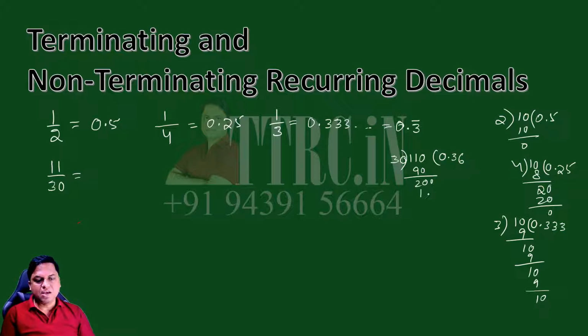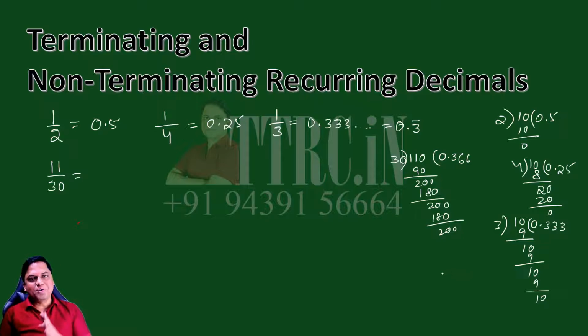Then 3 6s are 180, remainder 20, put a 0. Again 3 6s are 180, remainder 20. Now we know that this will continue unlimited times. If you try to do this, you can do it up to your old age or death. It will always be 6.